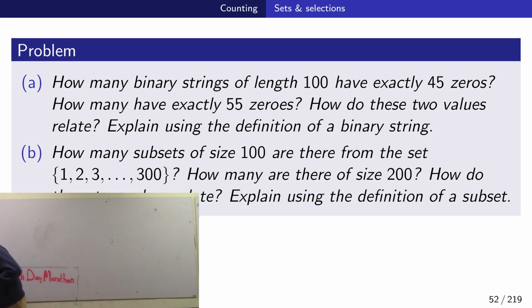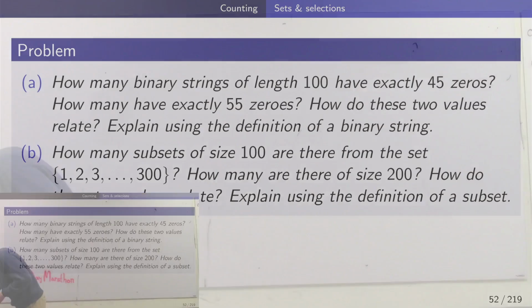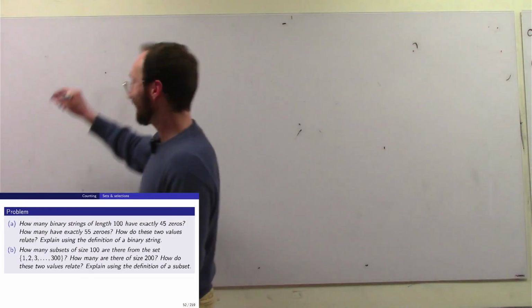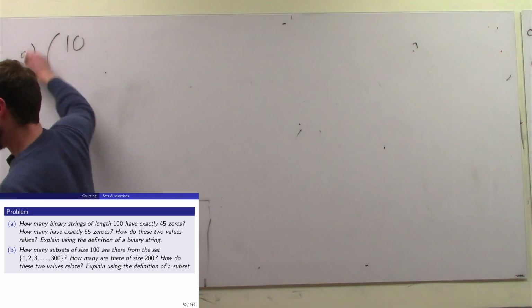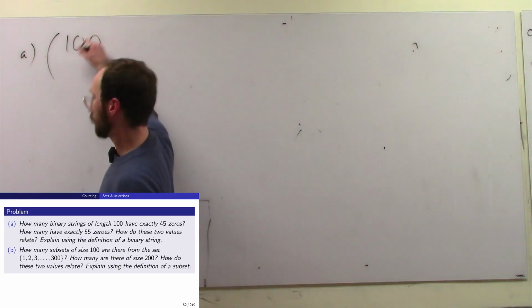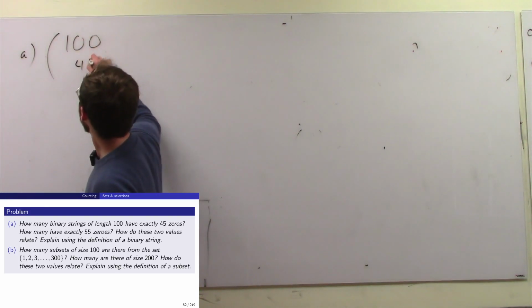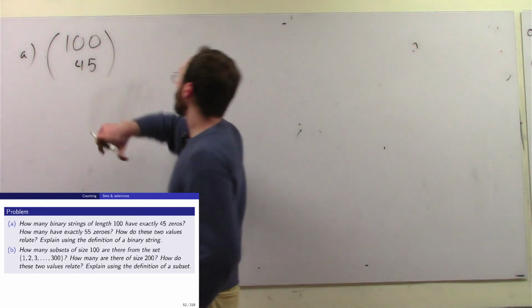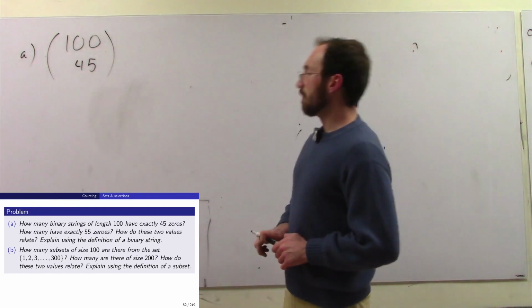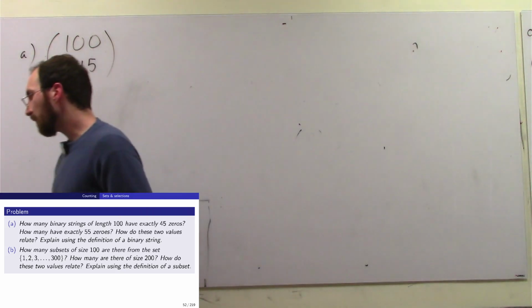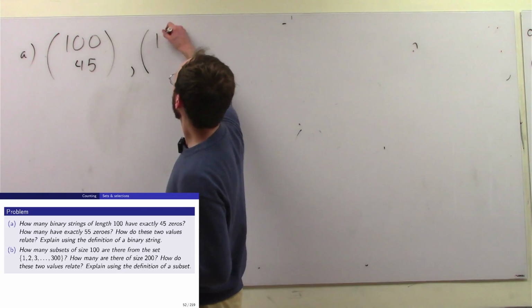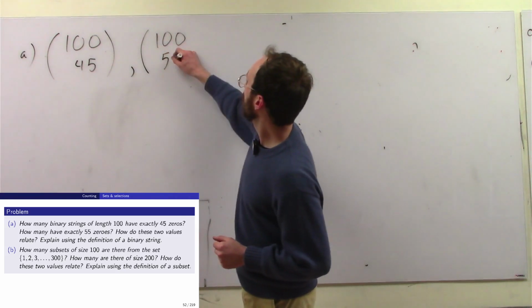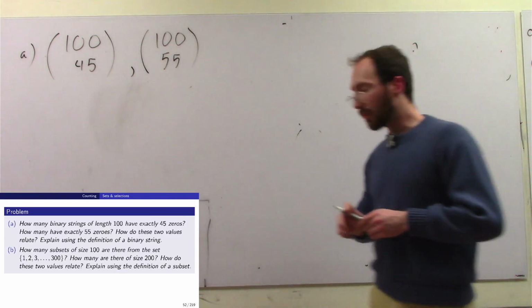Keeping with the rest of this section, that's just going to be 100 choose 45. Now, we can also ask how many have exactly 55 zeros? Well, that's just 100 choose 55.